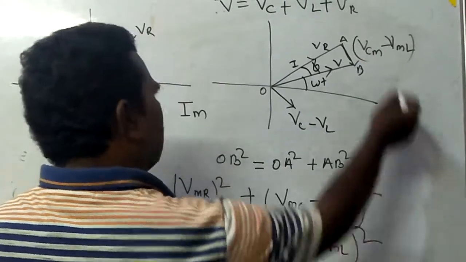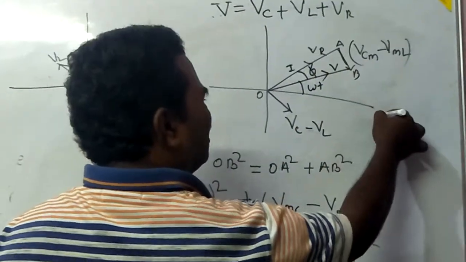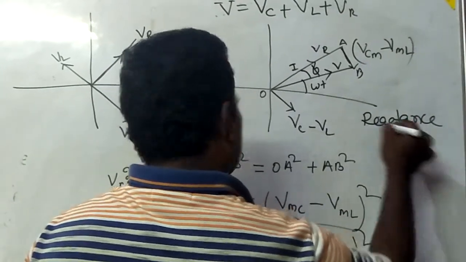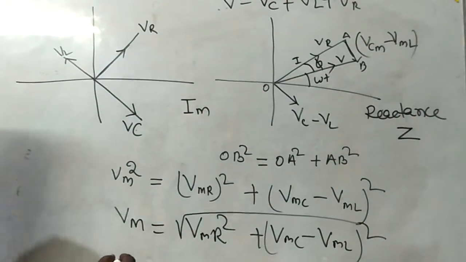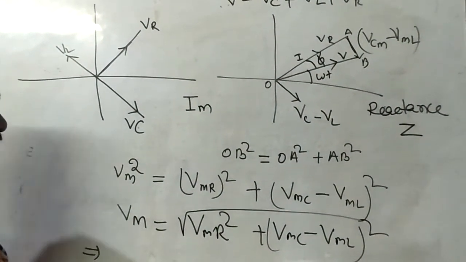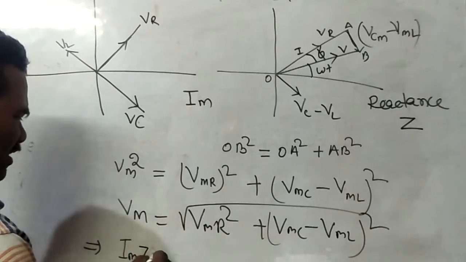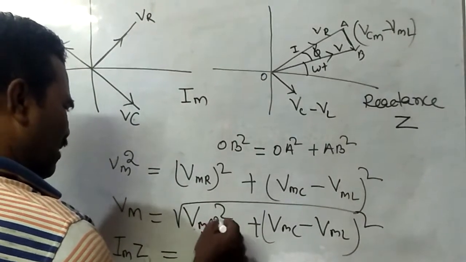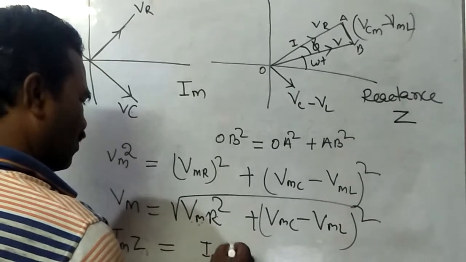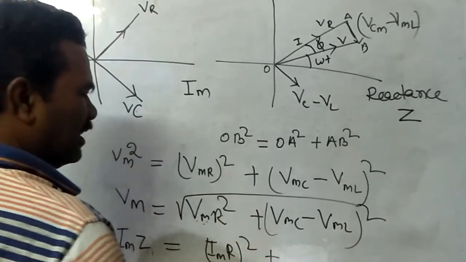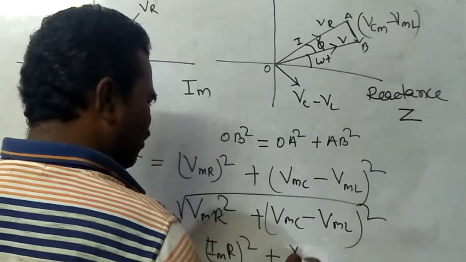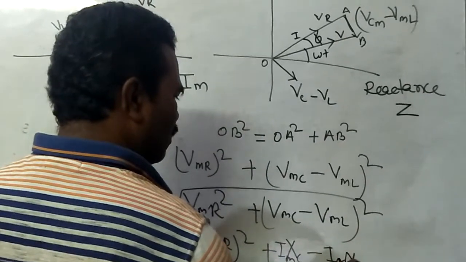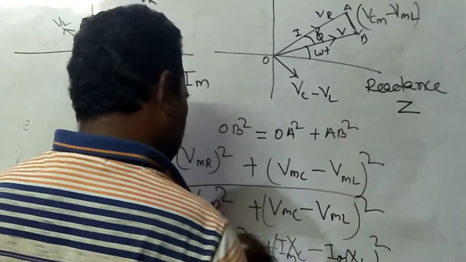Suppose we assume the resultant impedance of the series LCR circuit is Z. Like in other circuits, this Vm can be represented as Im into Z. We can write Vmr as Im into R, Vmc as Im into Xc, and Vml as Im into XL, under the square root.